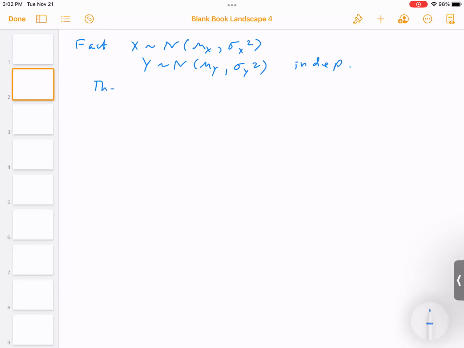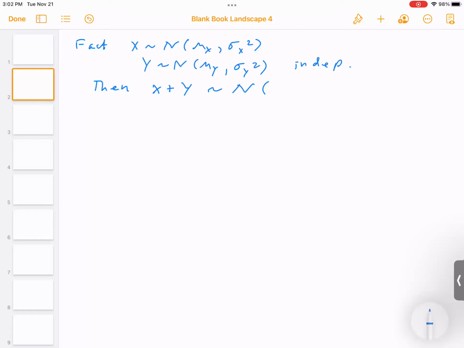They have to be independent. Sometimes you could say uncorrelated, because in the normal case it's the same thing, but independent. Then X plus Y, does anybody know? X plus Y is again normal.